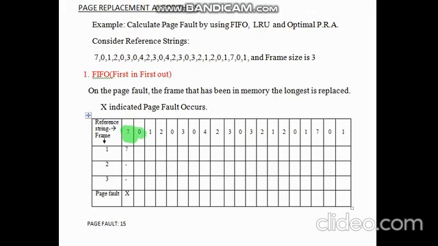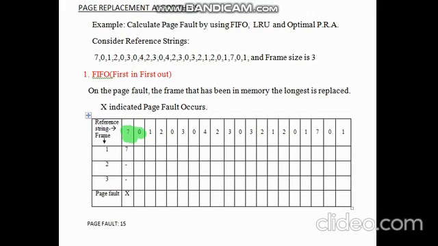Now the CPU demands page number 0, which is not currently present in main memory. So the operating system transfers it from secondary memory to main memory, meaning into the frame.